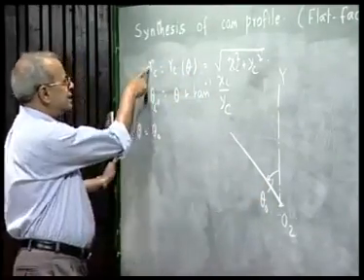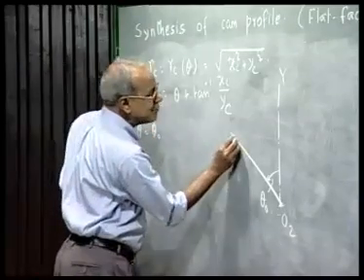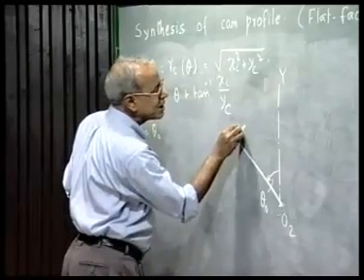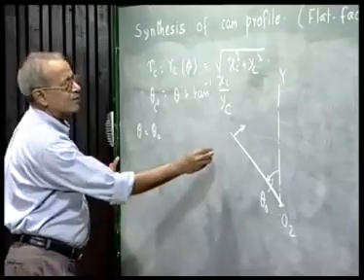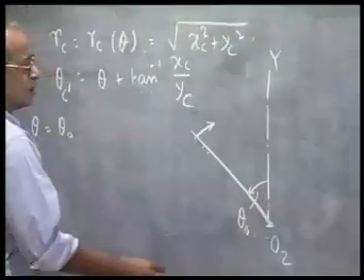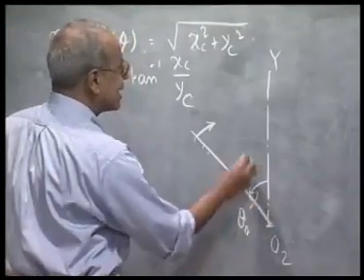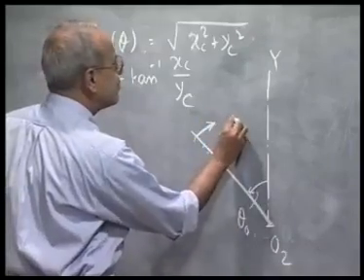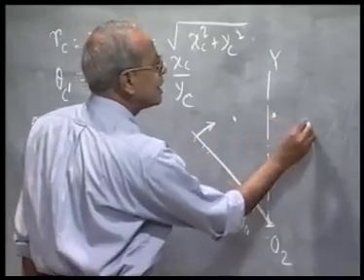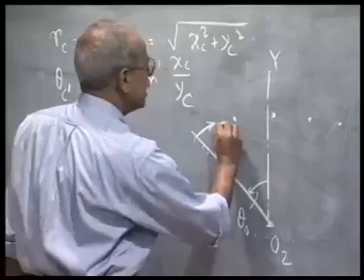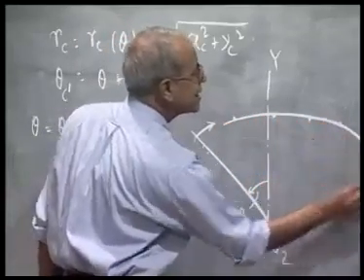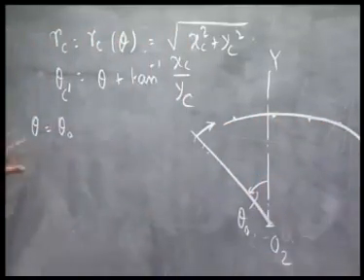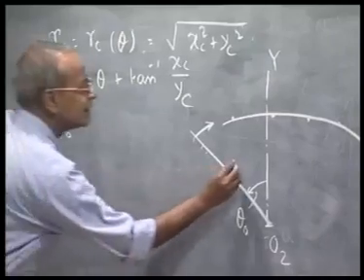Then take these values of Rc and theta c prime, but theta c prime I measure in the clockwise direction from this line. So say for some values of theta I get Rc and theta c prime this point, then this point, then this point, like that, and joining these points I will get the cam profile when the cam has rotated by an angle theta 0.